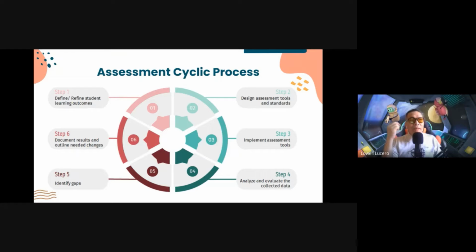That's why when I was teaching in the elementary schools, I always made sure that I conducted my diagnostic test. The diagnostic test will determine the strengths and weaknesses of your students.